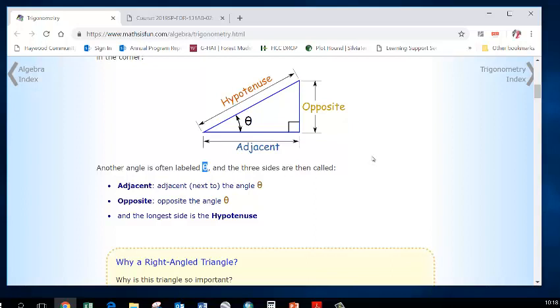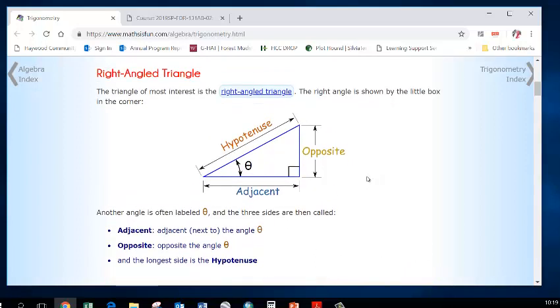Theta is that funny little circle with a line going through it. Now, when we're talking about right triangles, theta can be used to describe the ratios of the various lengths of the sides compared to one another. We'll take a look at that in just a minute.